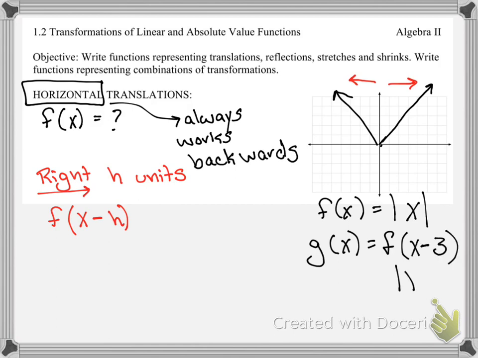So I'd have the absolute value of x minus 3. That would move it to the right 3 units. So my new absolute value function would be over there. Again, that's if I'm moving it to the right.